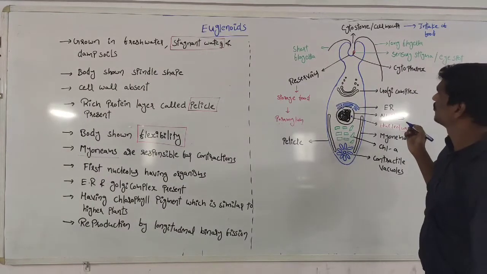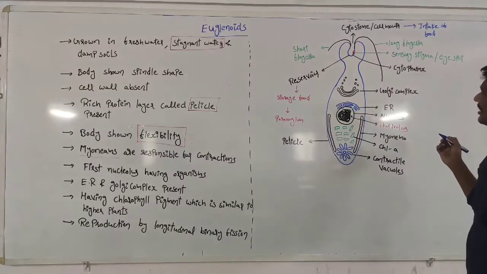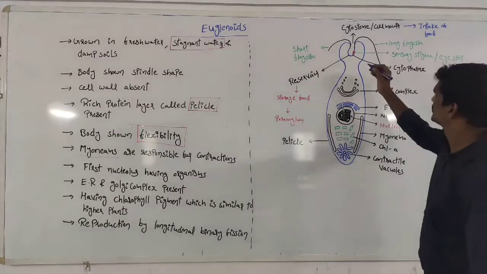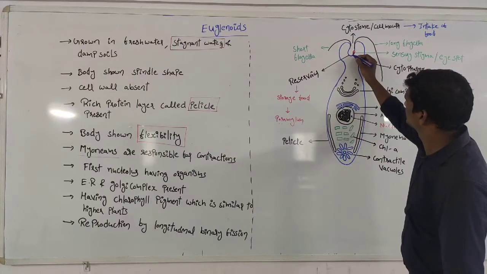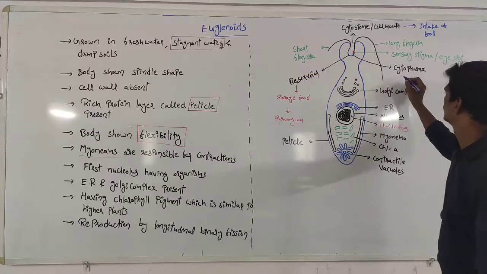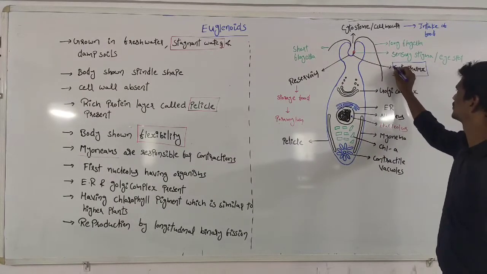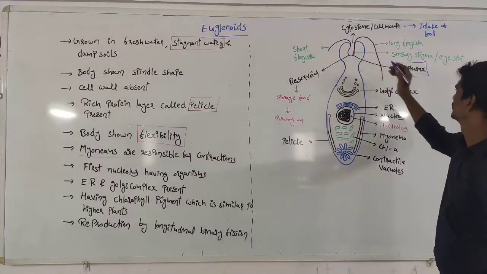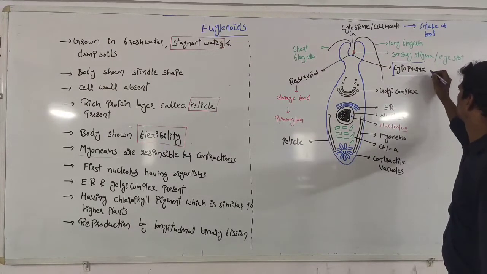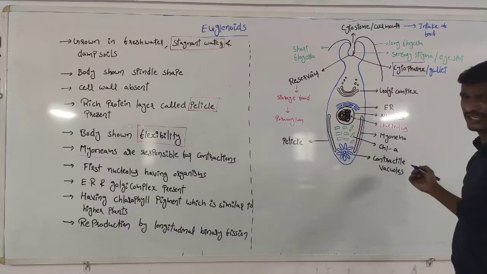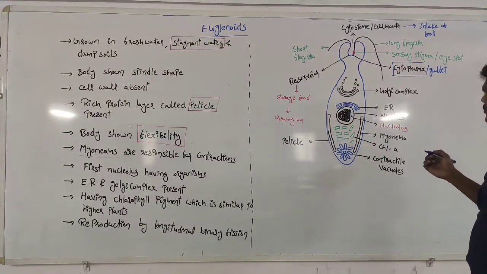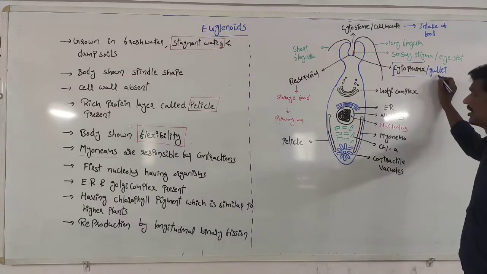Once the food particles are taken in by the Euglena, there is another small opening called the cytopharynx, also called the gullet.